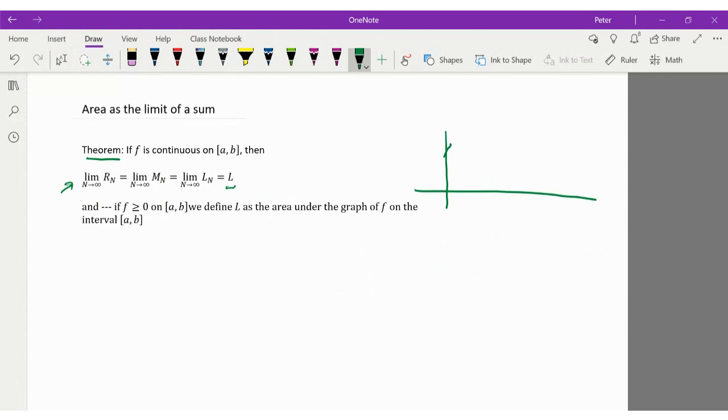Suppose that I have this function here, and I look at R3. So in other words, I've taken those three rectangles as the approximation of the area under the curve.